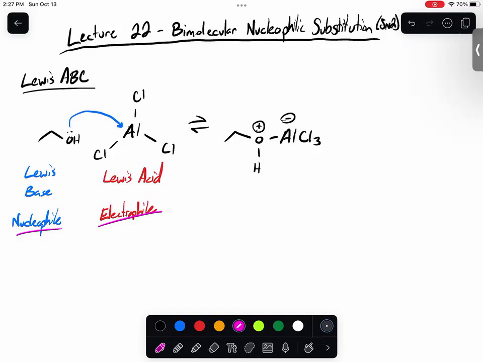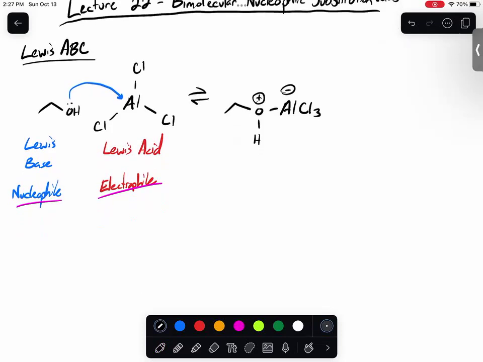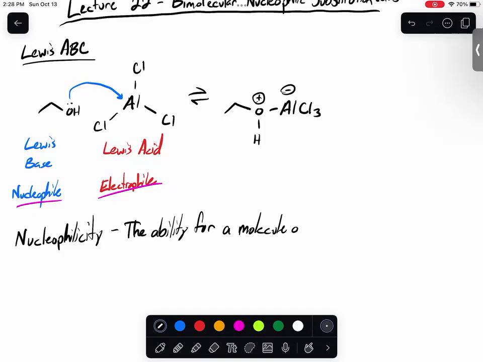So welcome these terms back because they are here and they are going to be very important for this lecture. Now, I will remind you that nucleophiles just want to donate electrons, electrophiles want to accept them. But the idea of these warrants the fact that they can have different strengths. And this is something for nucleophiles that we call nucleophilicity. All this term is essentially the ability for a molecule or atom to act as a nucleophile.